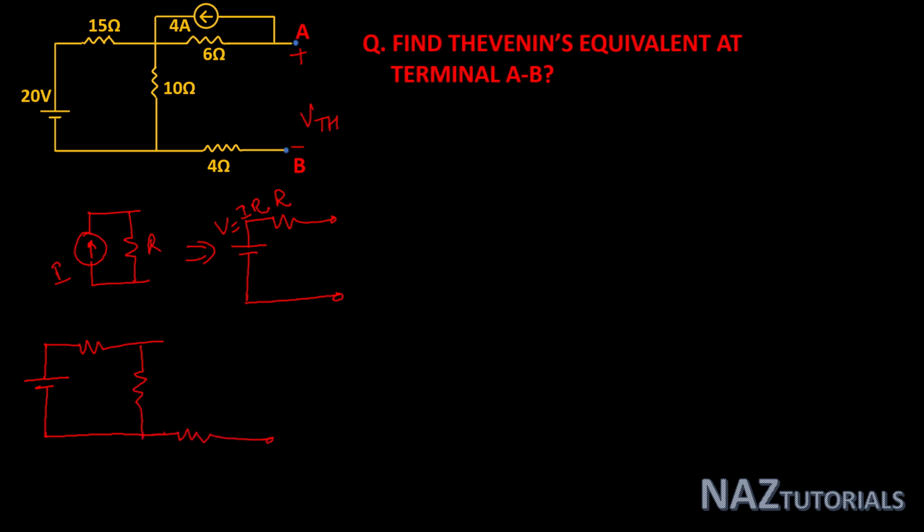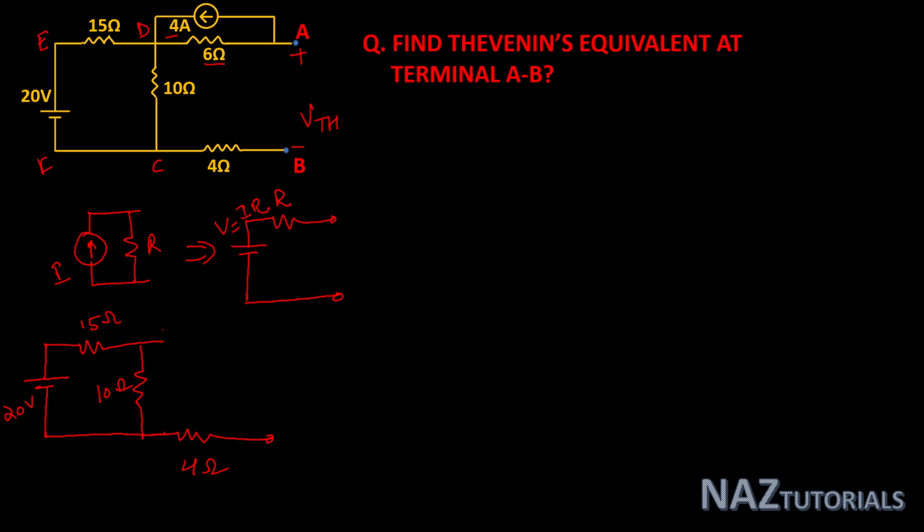This is our original network, 20 volt, 15 ohm, 10 ohm and 4 ohm. Our 4 ampere current source and 6 ohm resistance are connected in parallel. If you see the polarity, let's see the points of this network. This is C, D, E and F. In the 4 ampere current source, D terminal is positive and A terminal is negative for the current source.